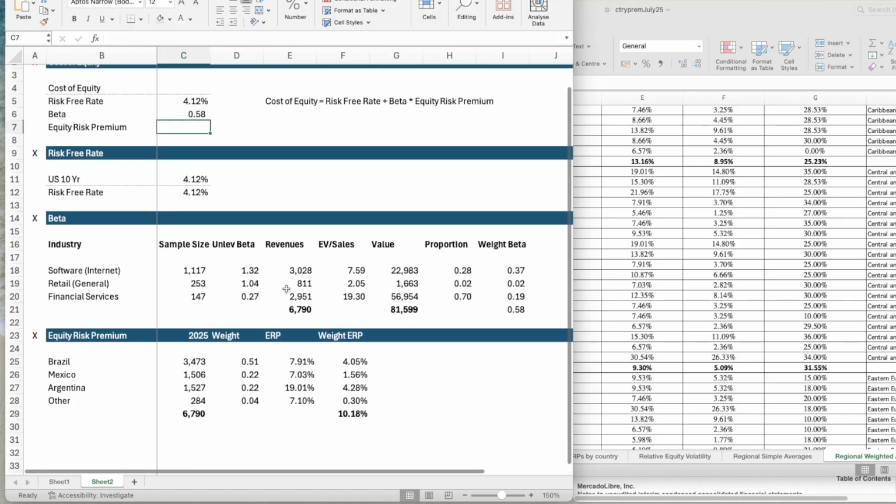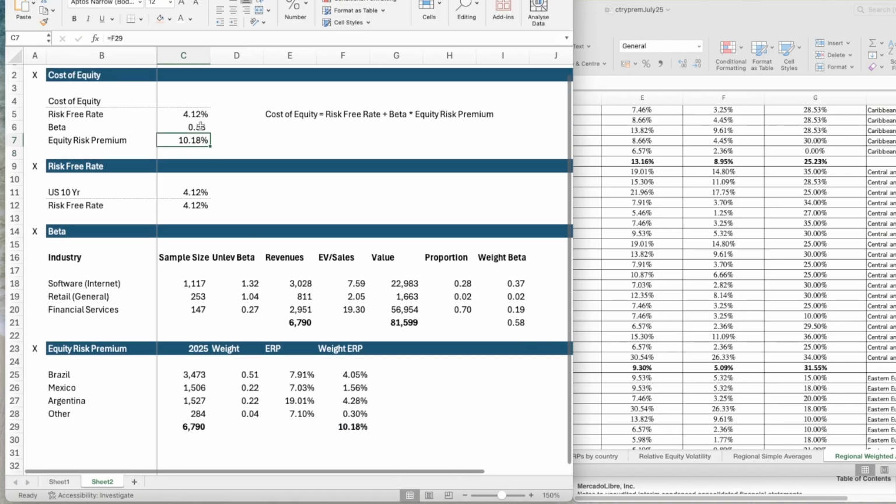As this is a US company, if we'd used the US equity risk premium, it would be about 4%. It would give us a terrible idea of what this company is worth, because it would be using US and North American risk rather than the regions where the company generates its revenues.